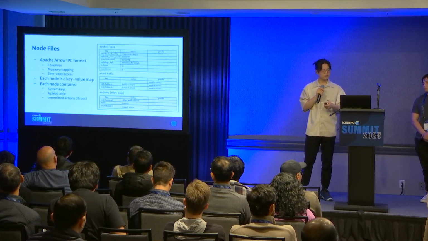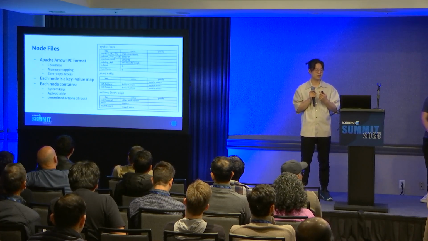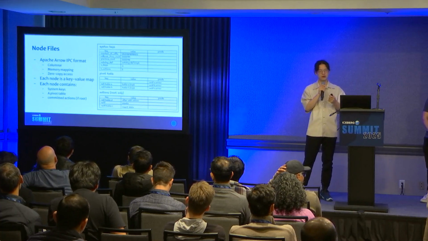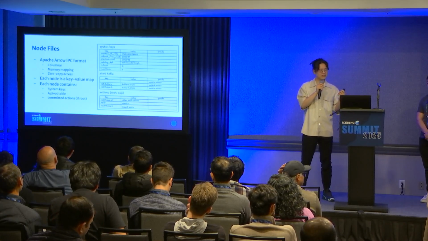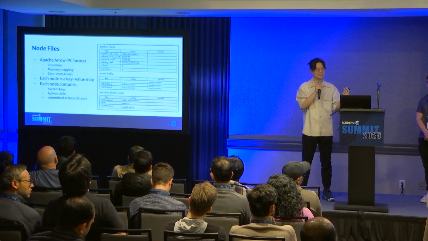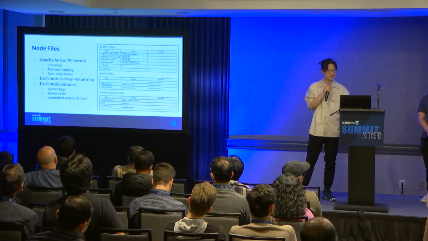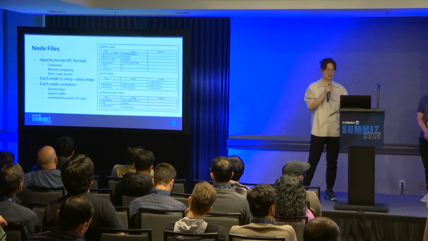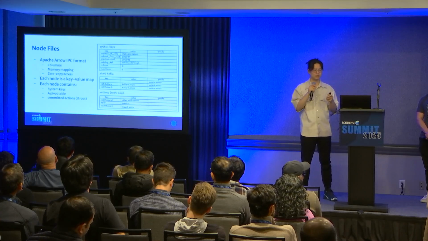And each node file is a key value map. It's a sorted key value map. And it has 2 or 3 sections depending on whether it's a root node or not. So all the node files have system keys, which define general information about the node, and they have the pivot table, which is really the representation of the tree: what are the keys to search and what are the child node pointers.